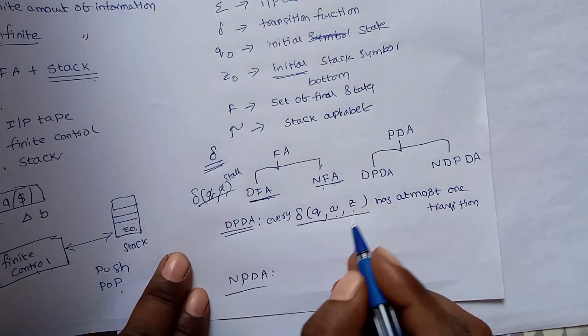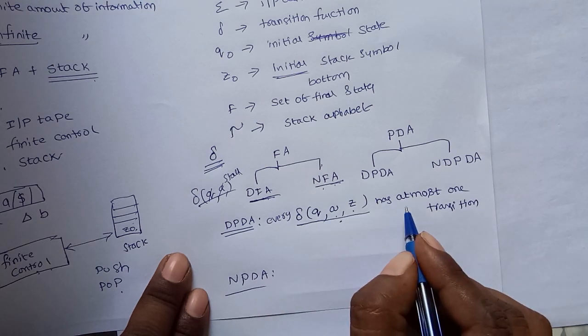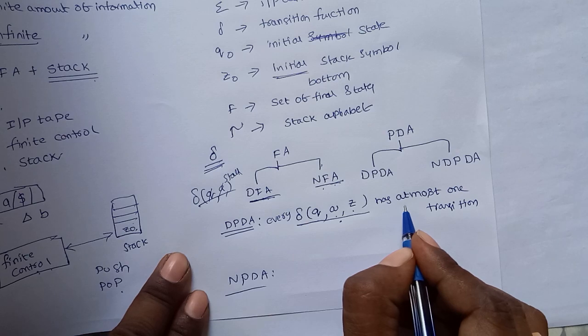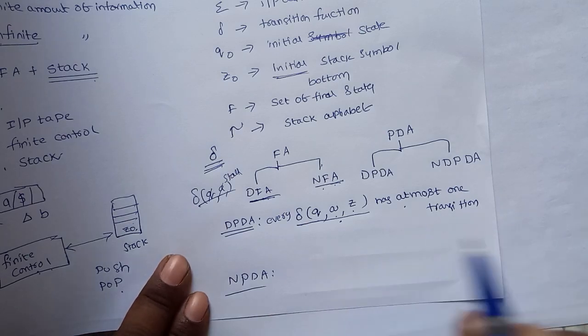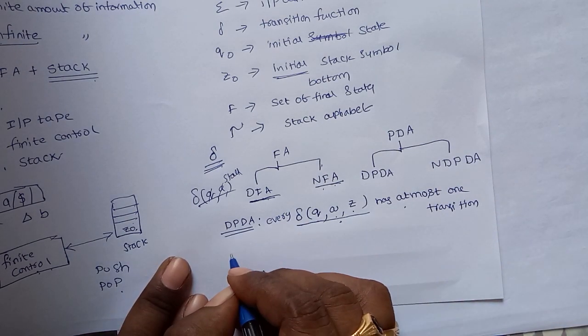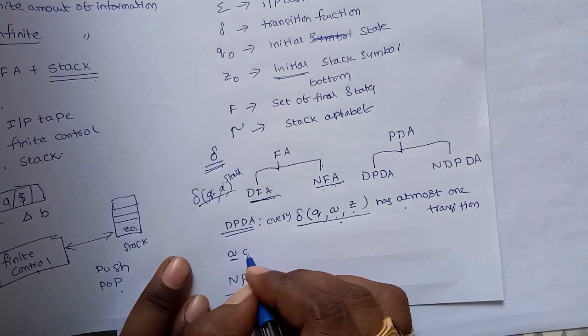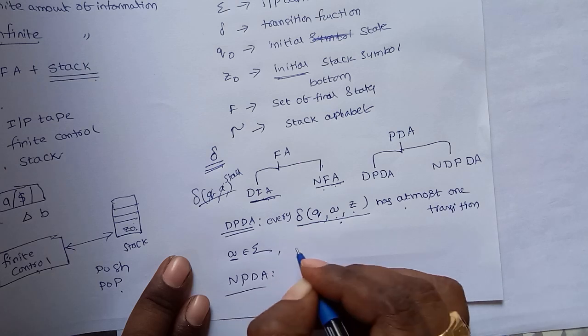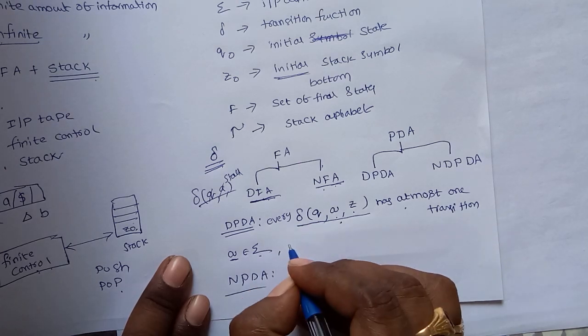Suppose, coming to this one, I am saying that I have at most one transition. At most means a maximum of one, so 0 transitions are also possible. In that case, one more point is derived. For example, an input symbol A belongs to sigma, where sigma is the set of all input symbols.